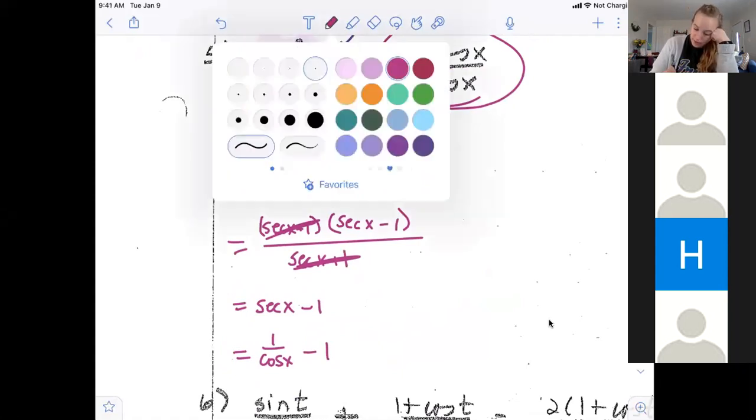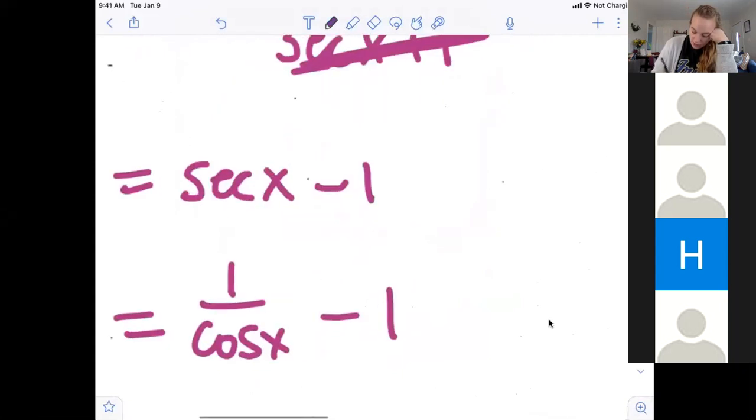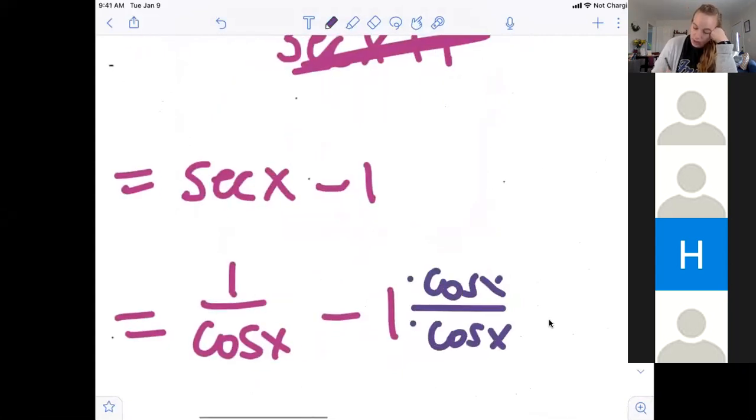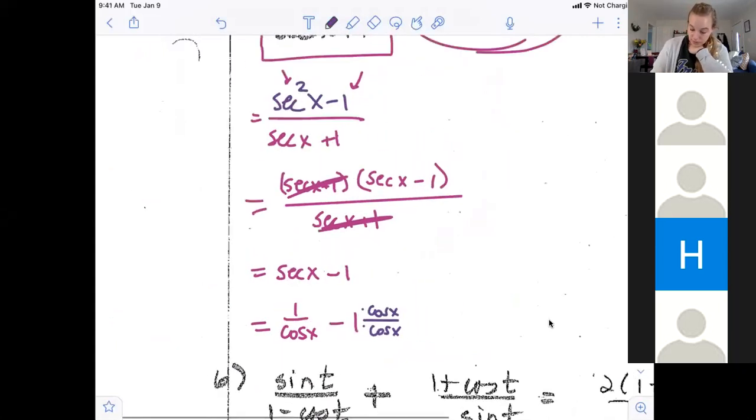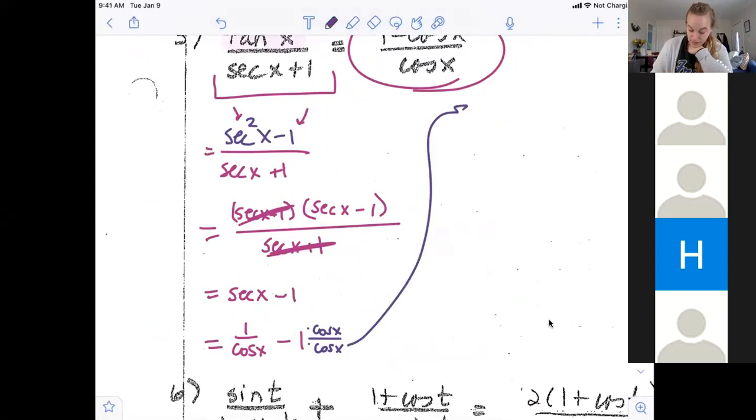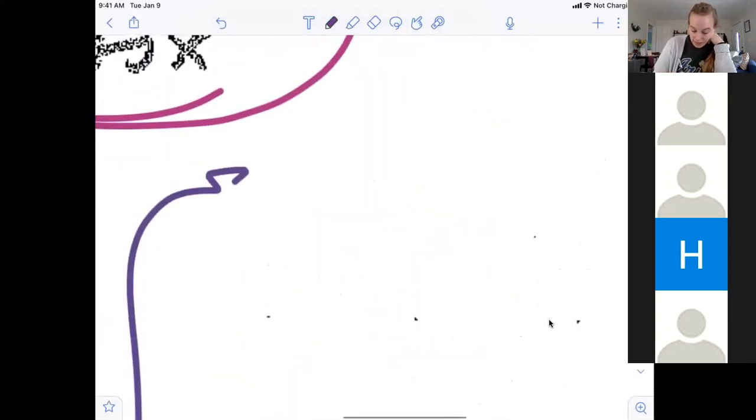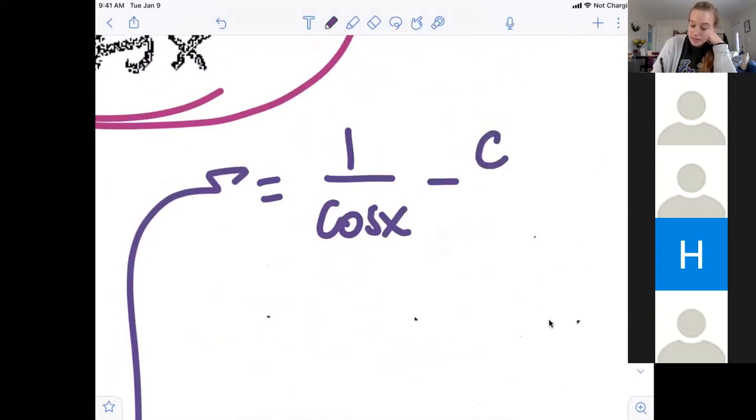If there's cosine in the bottom of the first one, I need to multiply by cosine on top and bottom of 1 in order to get cosine in the denominator. That becomes 1 over cosine x minus cosine x over cosine x.